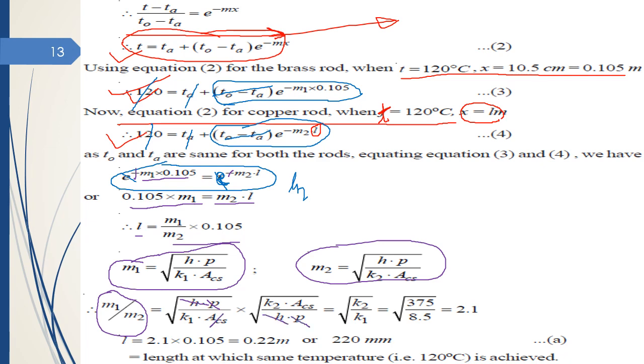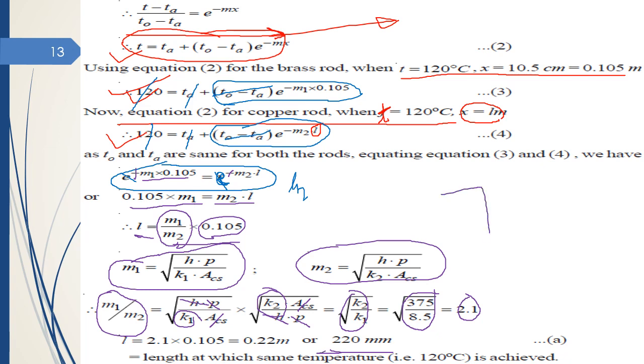Cross section area of both fins remains the same. So only K2 and K1 are available: under root of K2 by K1, that is 375 divided by 8.5, that is 2.1. So this L is 2.1 into 0.105, that is 220 mm.